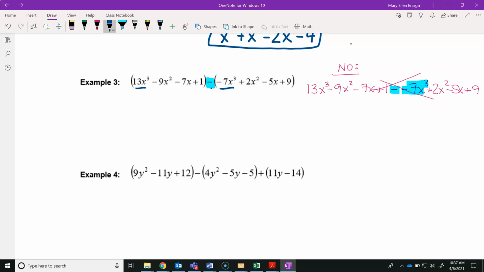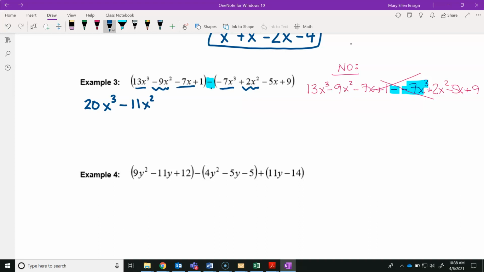Well, minus a negative is like plus, so that's 13x cubed plus 7x cubed, which is 20x cubed. And then I have negative 9x squared minus 2x squared. So it's not negative 9 plus 2. It's negative 9 minus 2. That's going to be negative 11x squared.